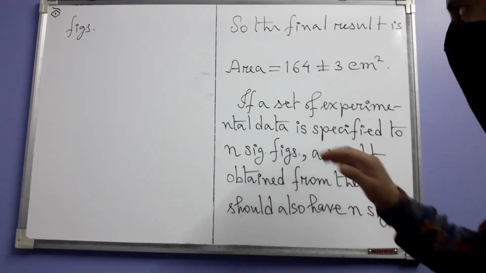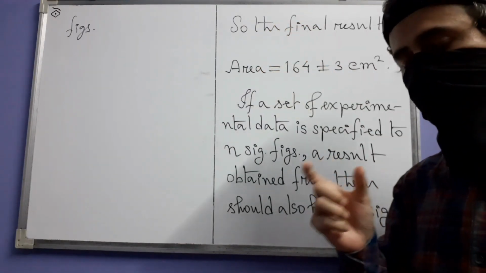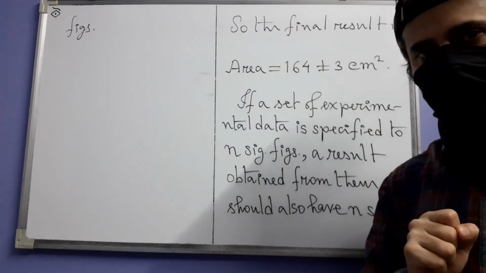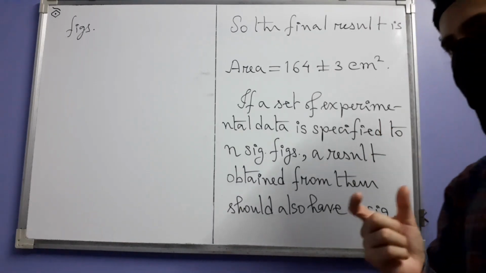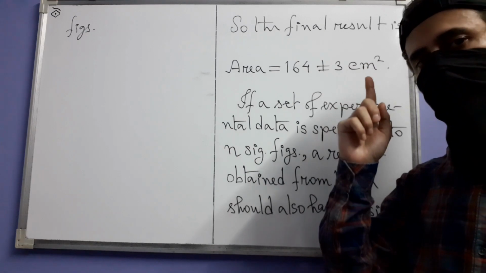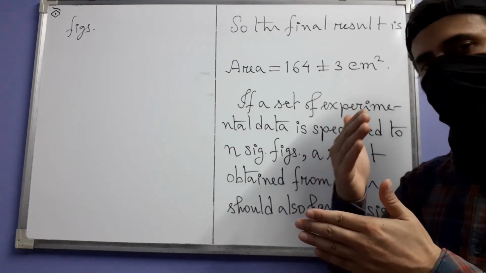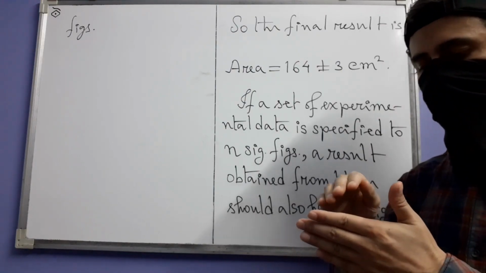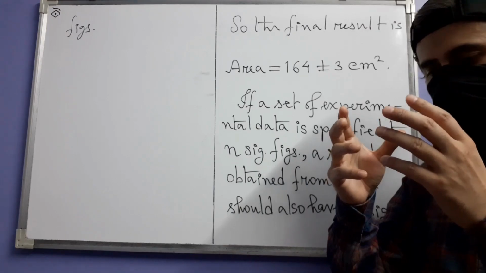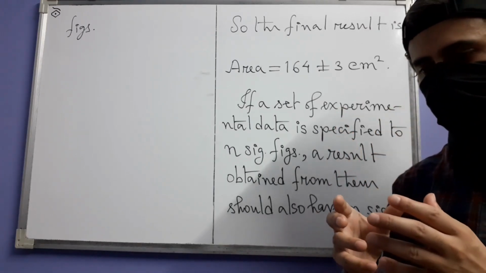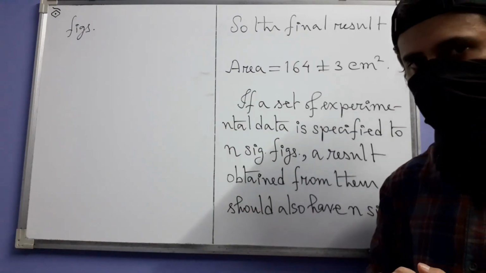Do not forget that in this example multiplication was involved, and that is why the number of significant figures was determined by the rule we already had, namely that your result should have as many significant figures as there are in the approximate measurement with the least number of significant figures.